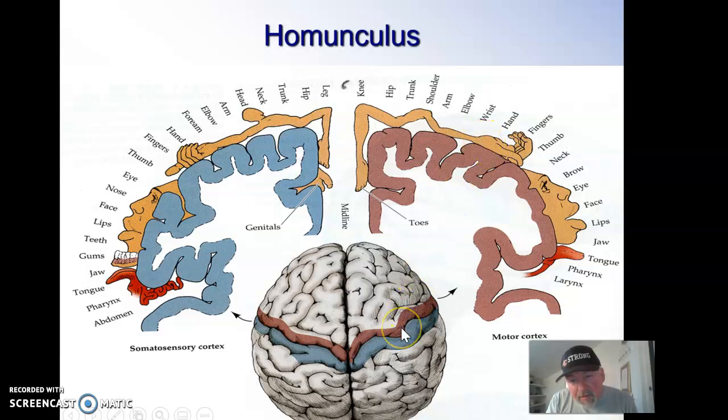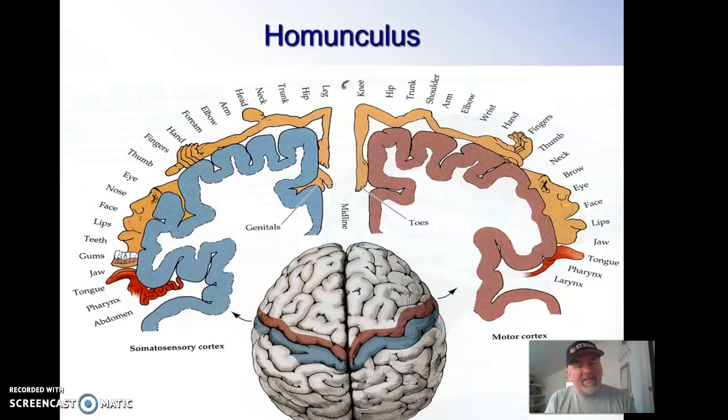I can make you move your wrist if I hit that part right there. I can make you move your hip if I send a little electric charge there. I can make you move your lips if I put a little electric charge over here. So this map basically says what part of your motor cortex aligns with this part of your body.